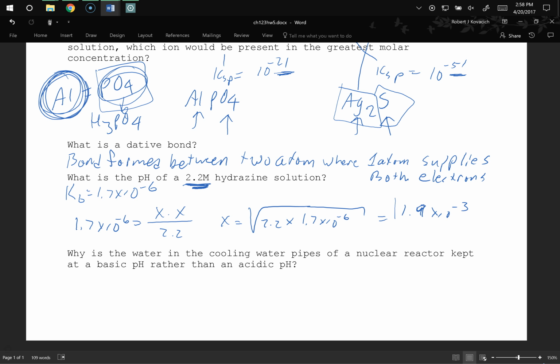So tell me what this is right here. The concentration of what? The hydroxide ion concentration. So if you take the negative log of this, you're going to get a number around what?